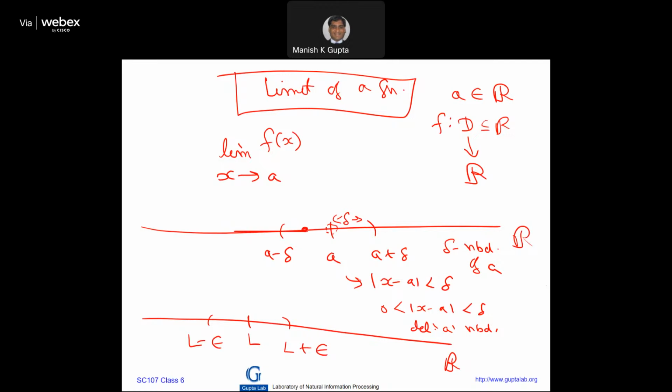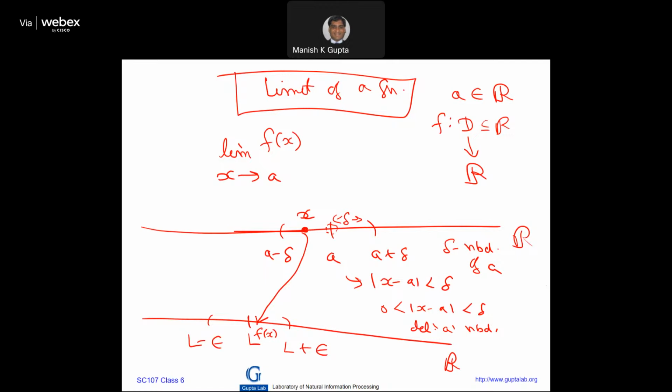Suppose x is here, moving towards A from this side, then f(x) could be anywhere in the neighborhood of L. If that happens, the limit of f(x) as x tends towards A is L. Agree?